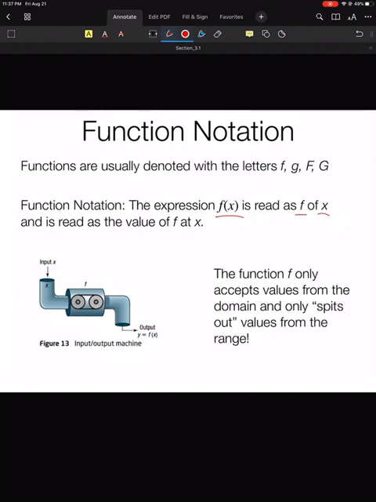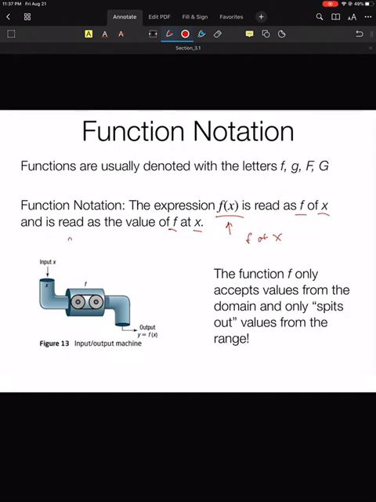You should say f of x when you look at this. f is a function of x. It can also be read as the value of the function f at the specific value of x.